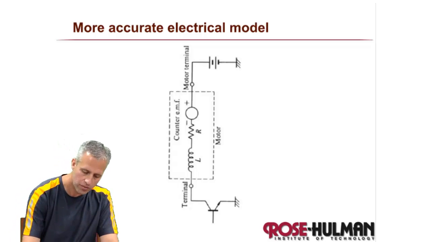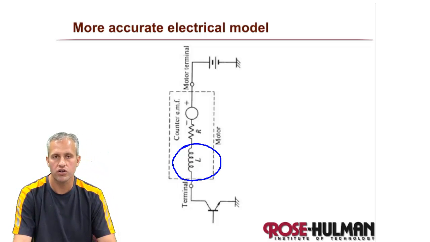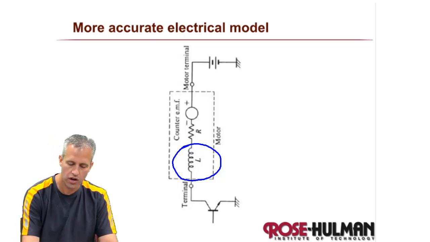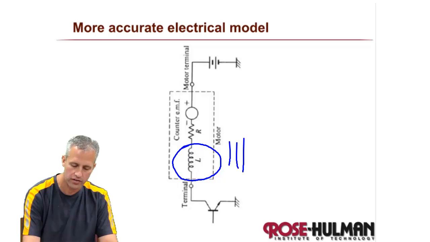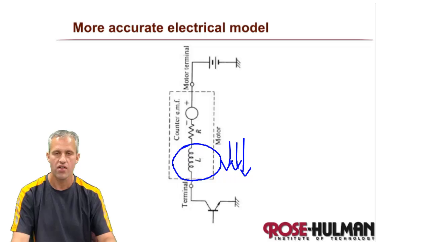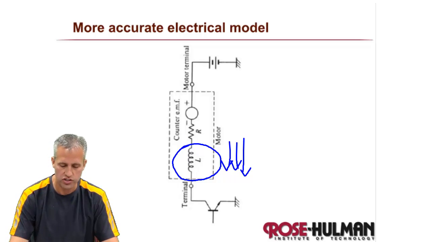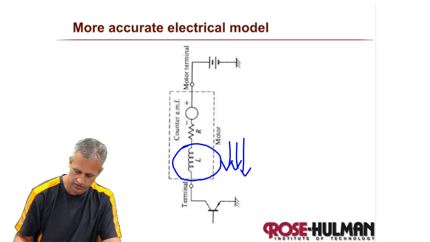These additional components are two things. One is an inductor. An inductor is in a motor, and what it does is it wants to keep current going. If you instantly turn off current, the inductor doesn't stop. It keeps delivering current. There's a really good picture on the next slide.